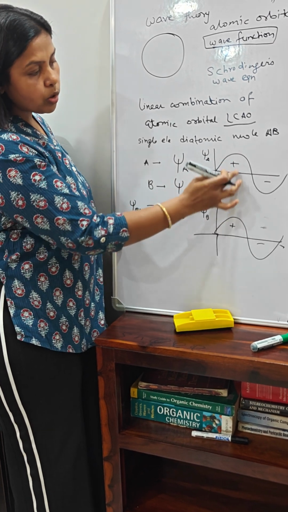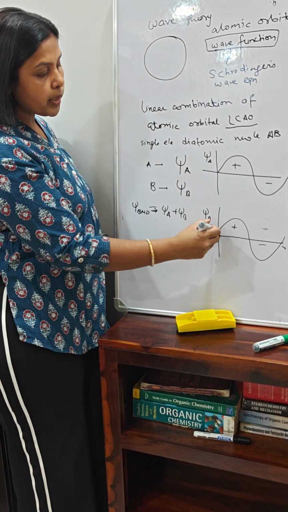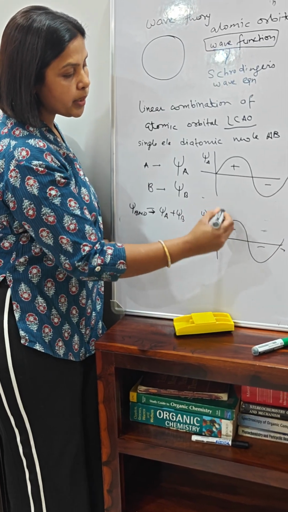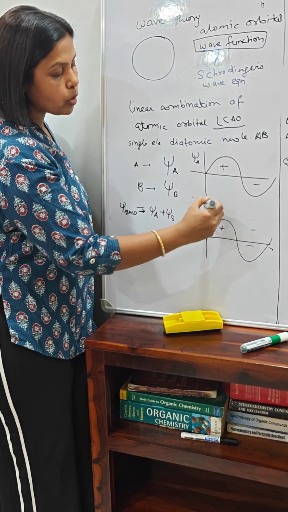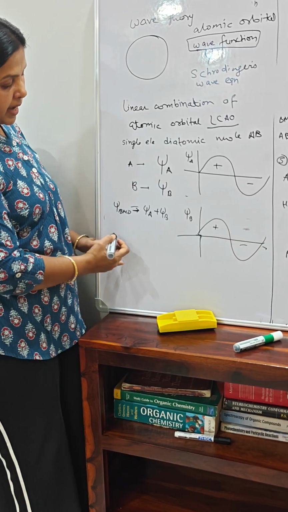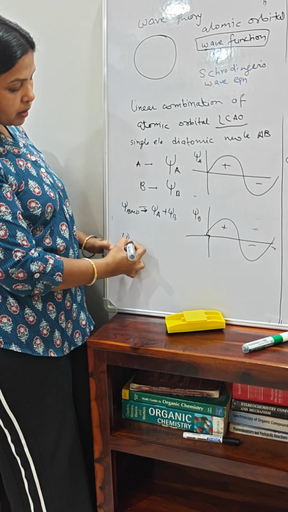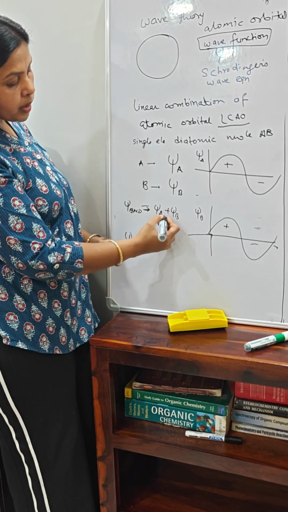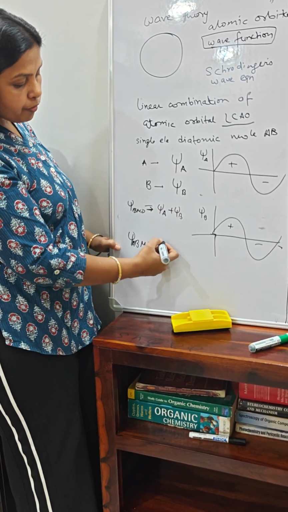Here both waves are in phase, so the resulting amplitude will be bigger. The anti-bonding molecular orbital will be formed when they combine linearly out of phase.